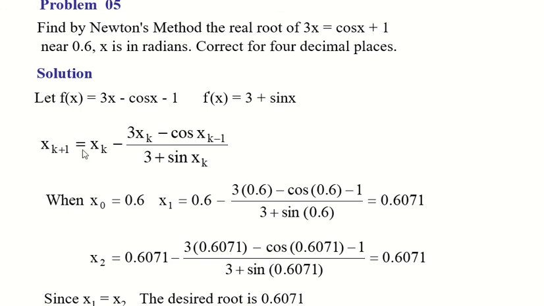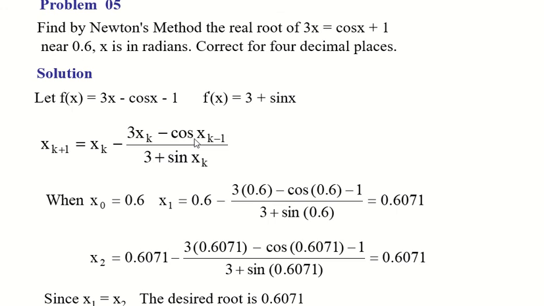xk plus 1 is xk minus f of xk by f dash of xk. So xk plus 1 is equal to xk minus f of xk, 3xk minus cos xk minus 1, divided by 3 plus sin xk.